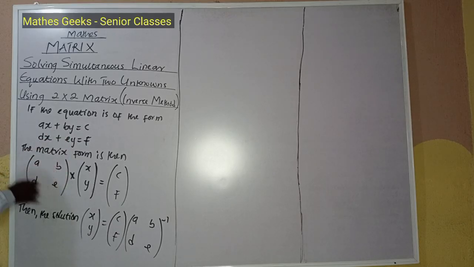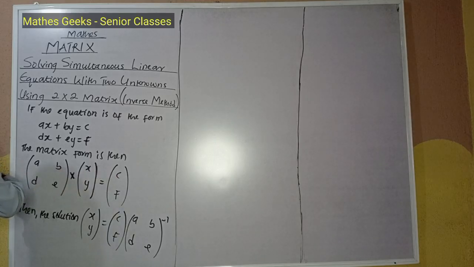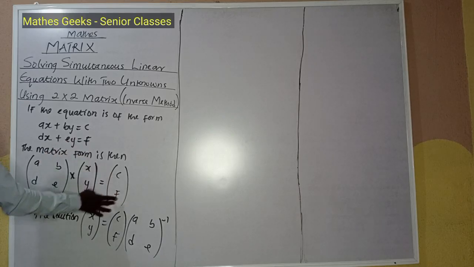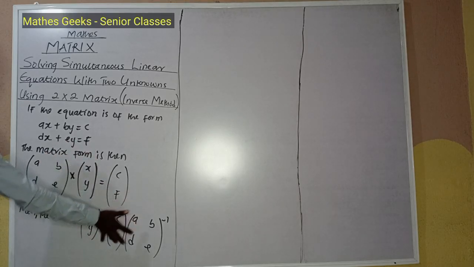This is the 2 by 2 matrix. Which means a times x gives us ax, and b times y gives us by equals c. When you equate entries or rows, d times x gives us dx, and e times y gives us ey equals f.